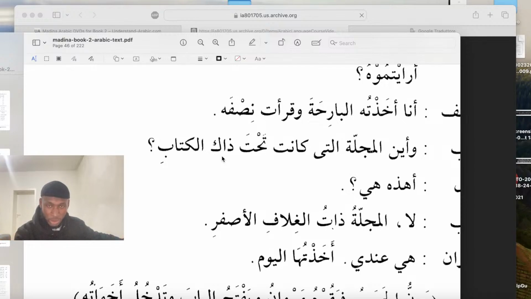Ismu ishara means our demonstrative pronoun. So dhaka is a demonstrative pronoun, like hada or dhalika or tilka. They are all ismu ishara, and they are always mabni. They are always fixed.